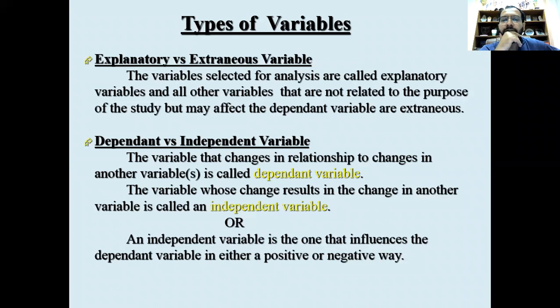The variable whose change results in the change in another variable is called an independent variable. The independent variable is the one that influences the dependent variable in either a positive or a negative way.